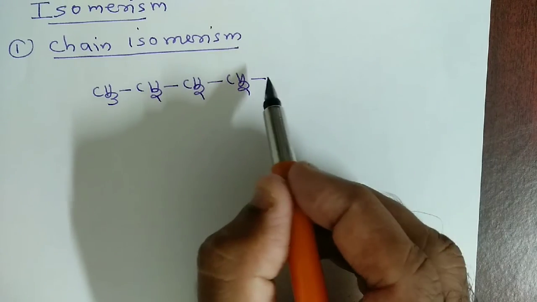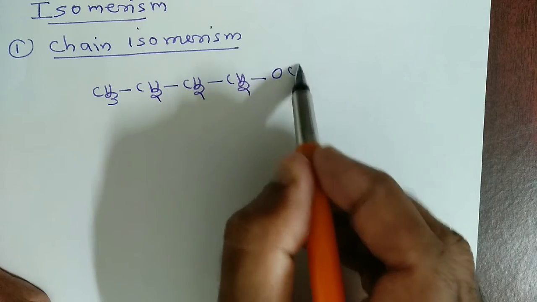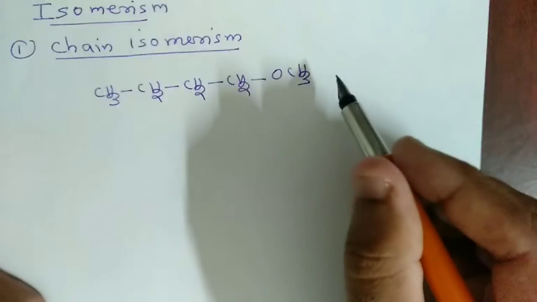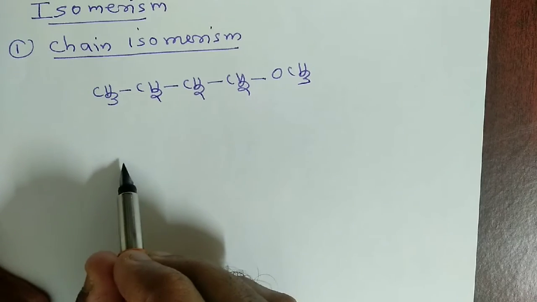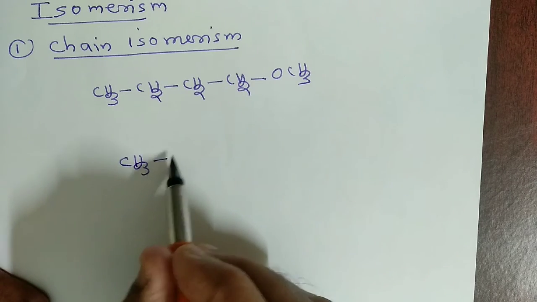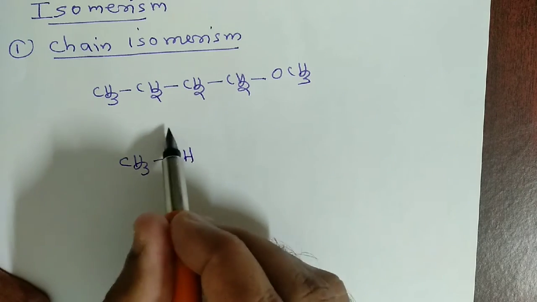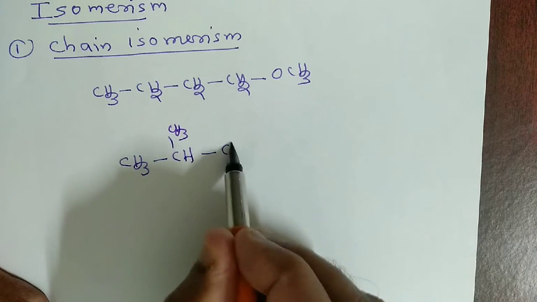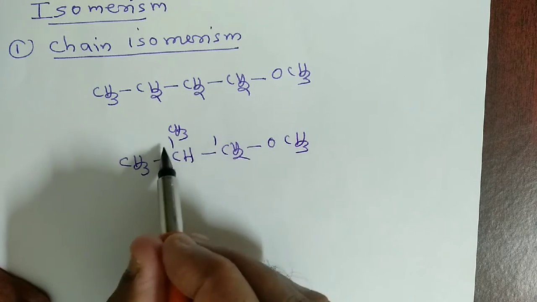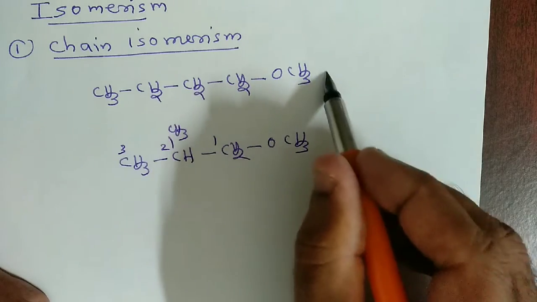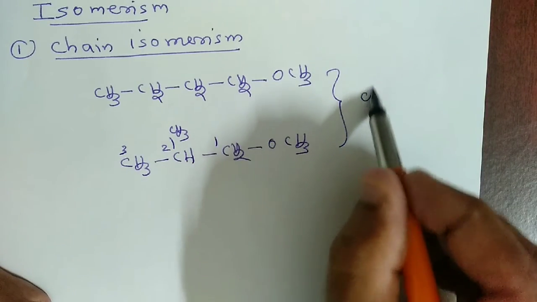As an example, 1-methoxybutane and 1-methoxy 2-methyl propane are chain isomers.